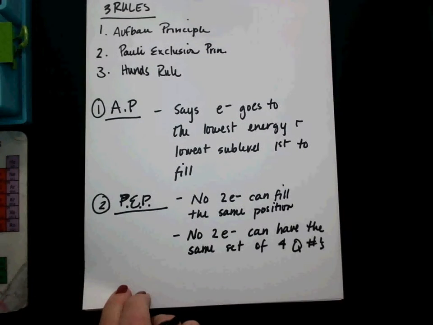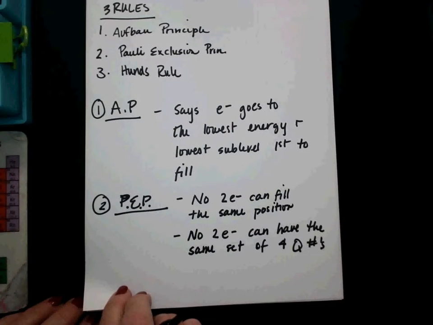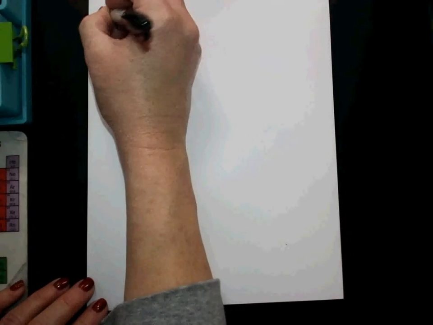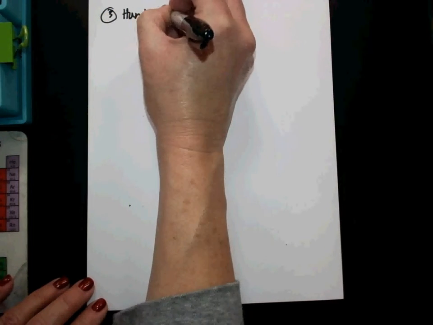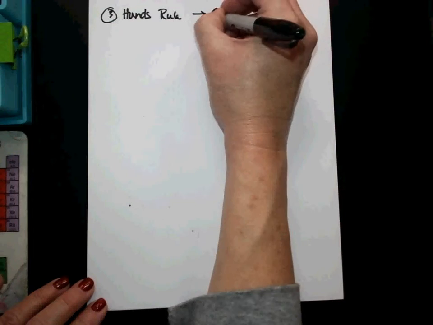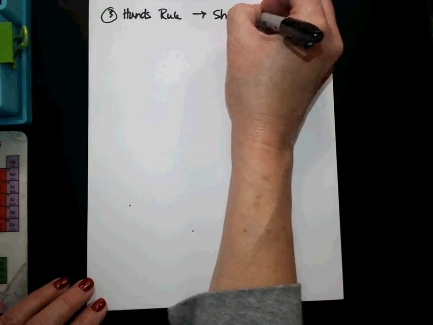And then the last rule, Rule 3, Hund's rule, also called the sharing rule.